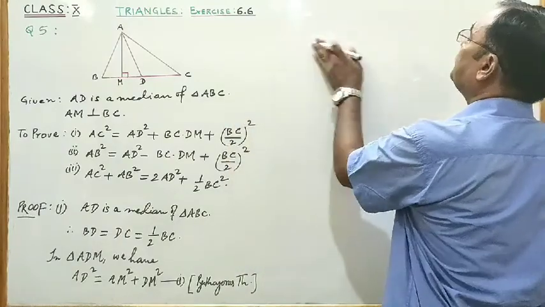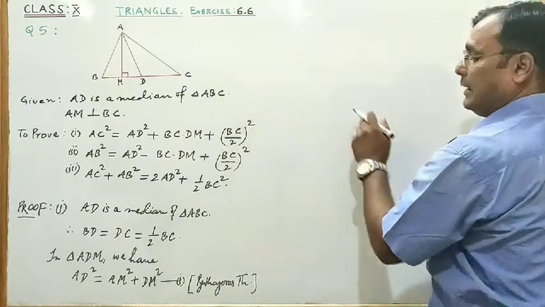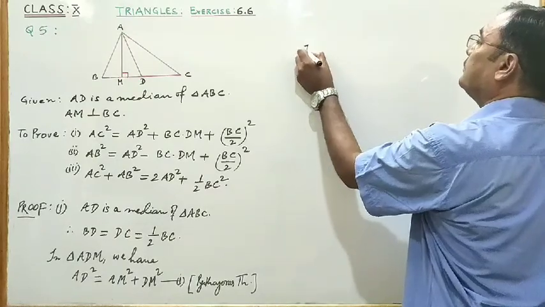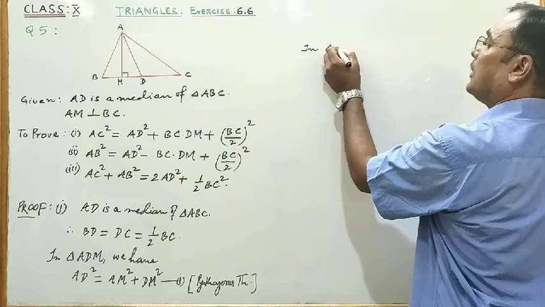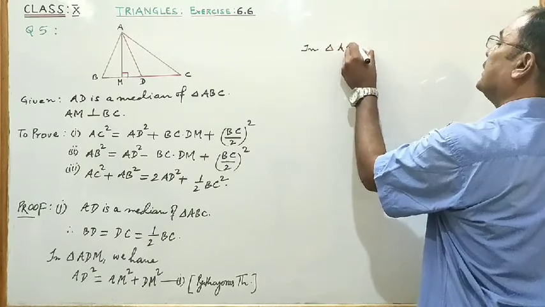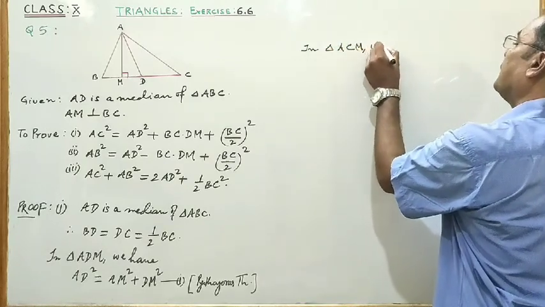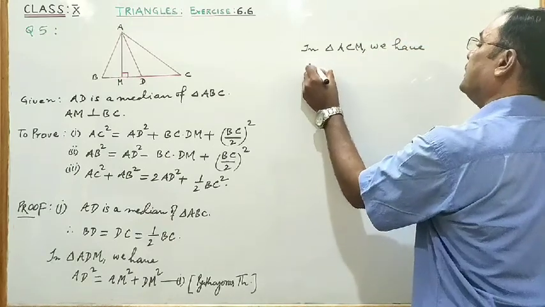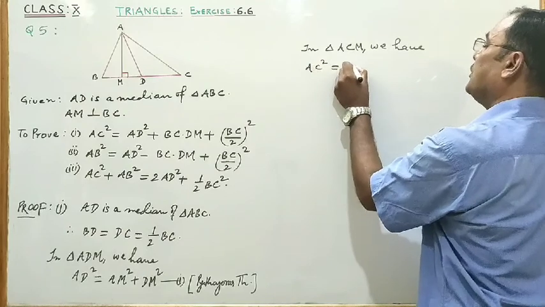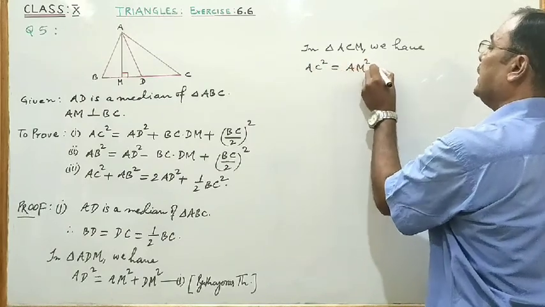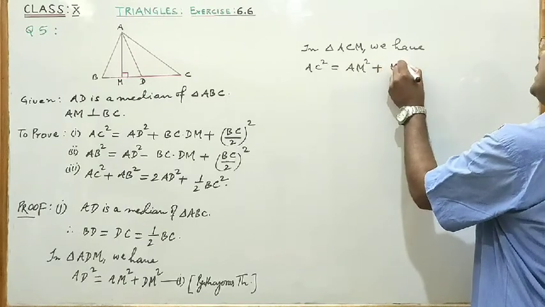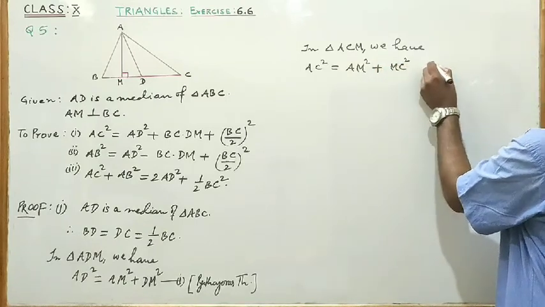In right triangle ACM, we have AC square is equal to AM square plus MC square.